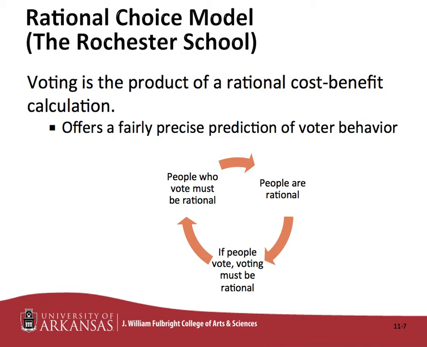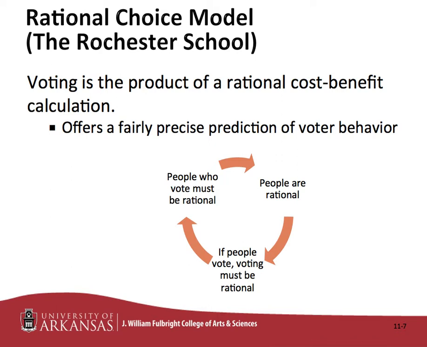Now, another model is that of the rational choice model. This is referred to as the Rochester School. Here, voting is seen as the product of a rational cost-benefit analysis. And according to this model, you had fairly precise predictions of what voting behavior would be. Now, the thing is that this model oftentimes is seen as quite circular in its assumptions.